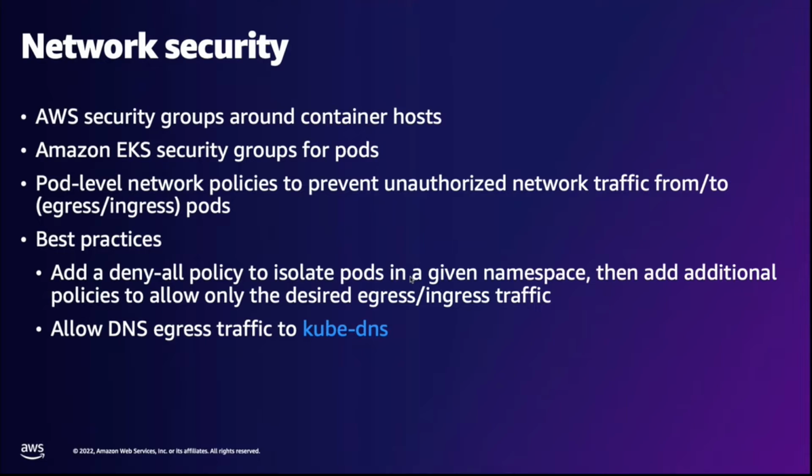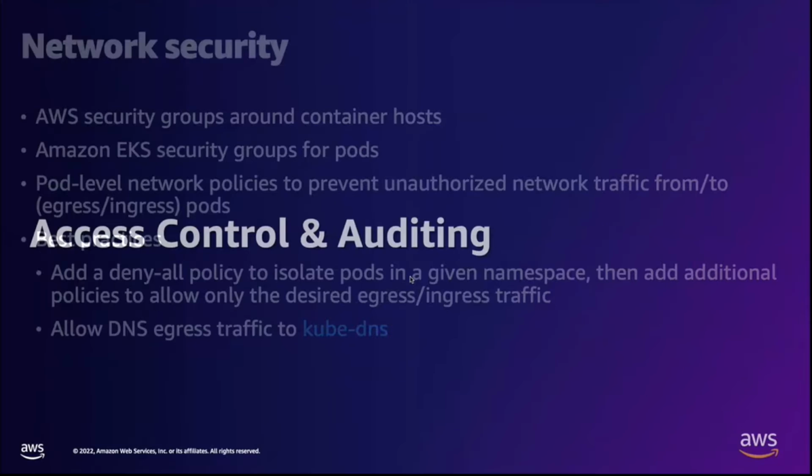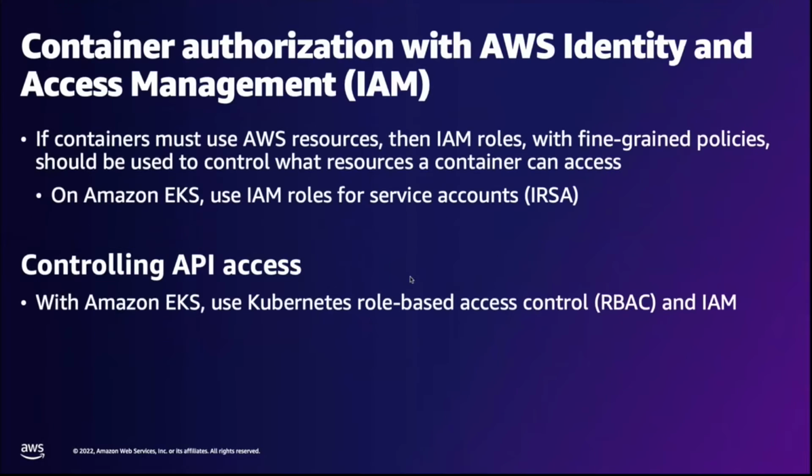You need to use this configuration as a best practice from the security perspective. And now, when it comes to access control and auditing, as a general guideline, always practice the principle of least privilege, set up the EKS cluster endpoint to be private, and perform audit access to the cluster on a regular basis.